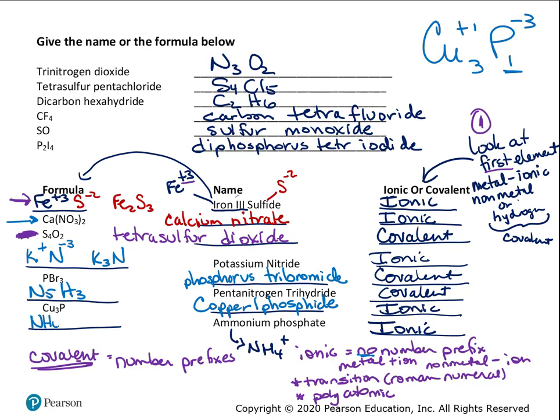Ammonium is a +1. It's NH4 with the positive. It's the only positively charged polyatomic you have to worry about. If it's a polyatomic ion, you know it's an ionic bond, even though nitrogen's a nonmetal. So that's the only one that doesn't fit that rule. You've got to recognize NH4 is the polyatomic ammonium ion, so I know this is an ionic compound.